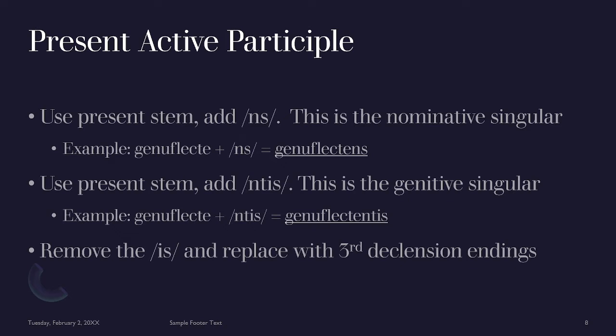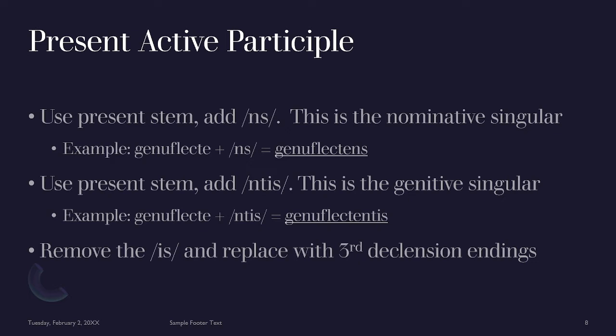And then when I go to decline it, so I've got to make it other things besides nominative or genitive singular, I'm going to take the IS off of genuflectentis, and I'm going to replace it with my third declension endings, just like any other third declension adjective like felix or ingens or fortis or whatever it might be.